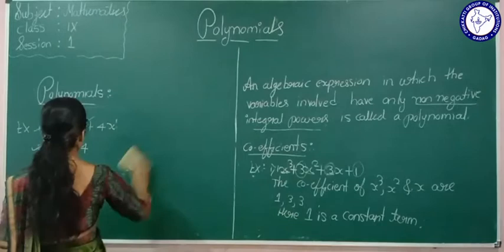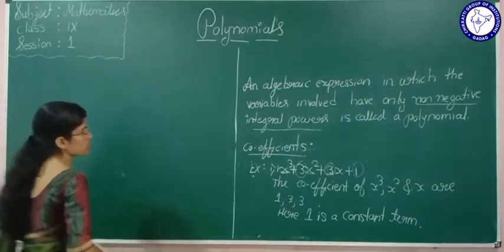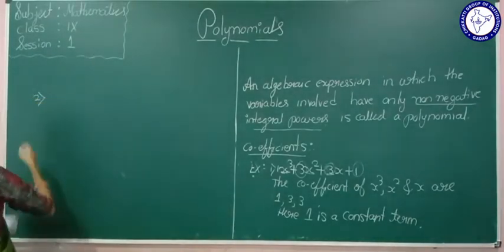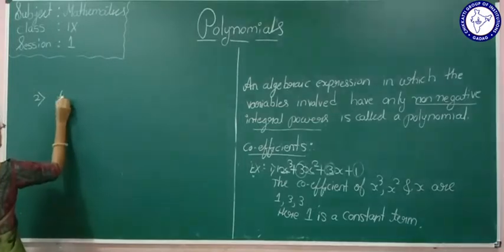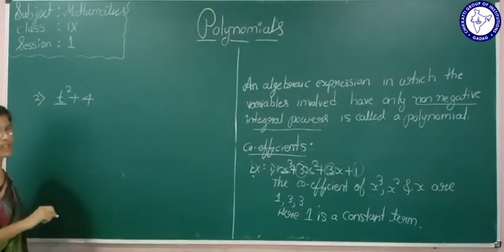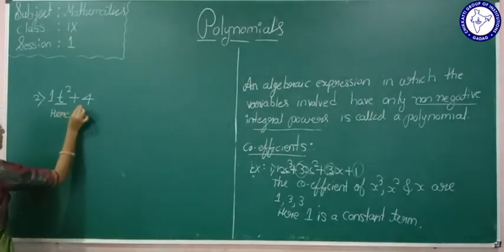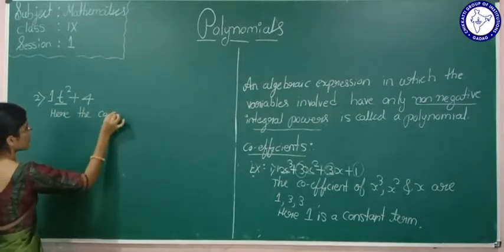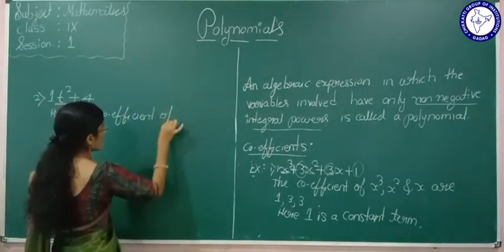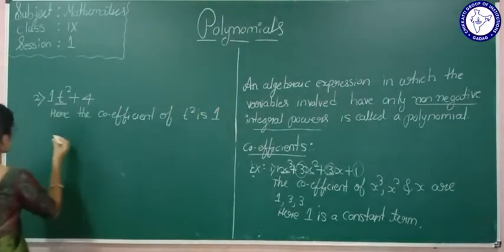Now one more question I will ask you regarding the same thing. So take example number 2, t square plus 4. What is the coefficient of t square? The coefficient of t square is 1, right?